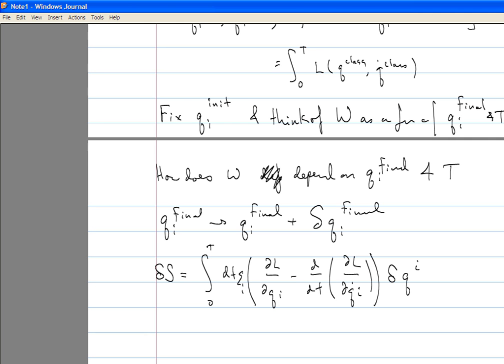And if you remember from the derivation, there was also a boundary term, which was dL by dqi dot times delta qi. And that is evaluated at t and 0. Do you guys remember this derivation?